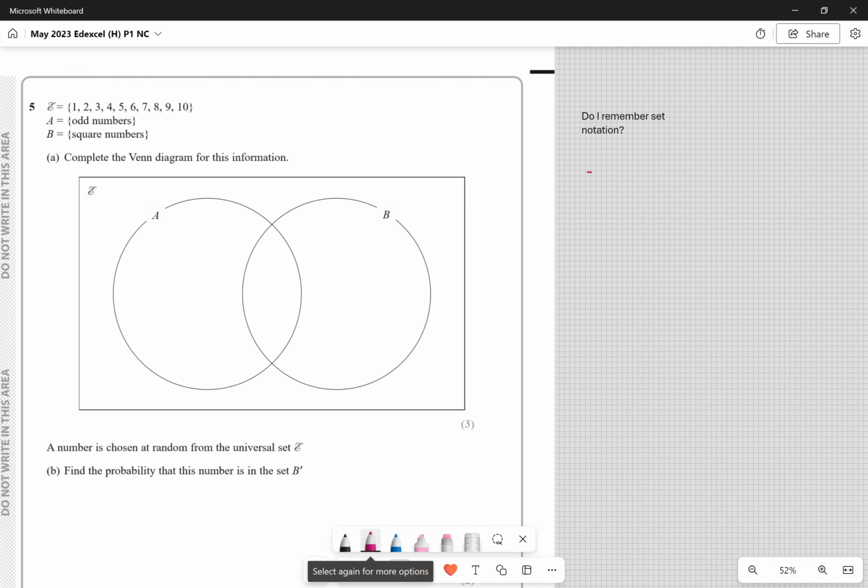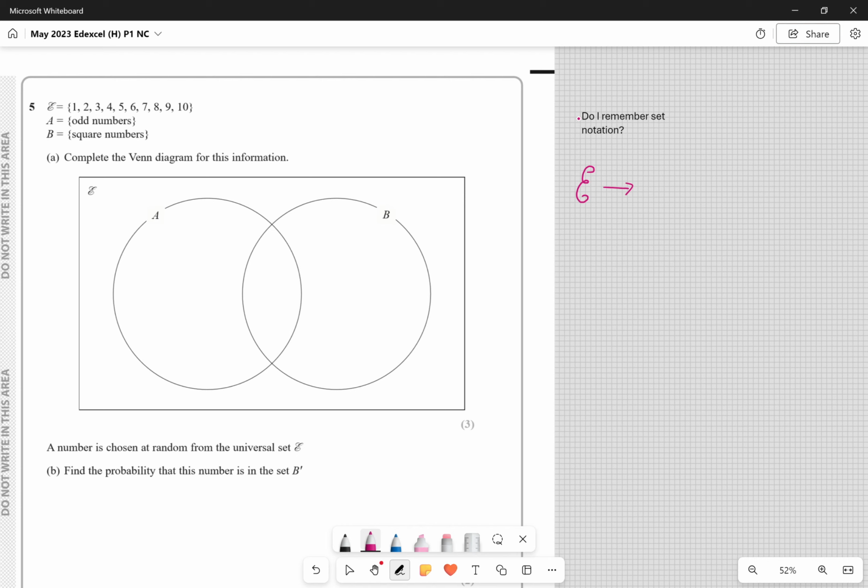Now, if you read the question carefully, sometimes the question will give you the information that you maybe can't remember or you want to be sure of if you just read the whole question through before you even begin.